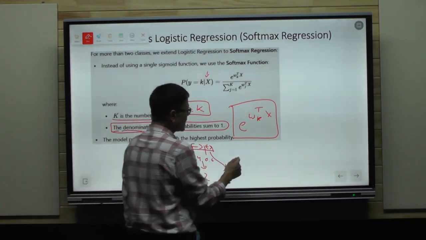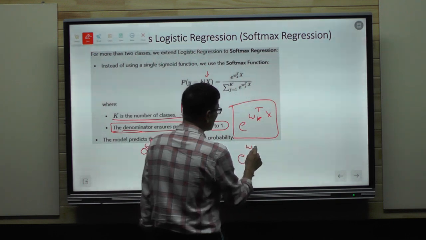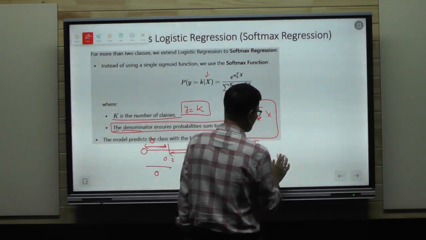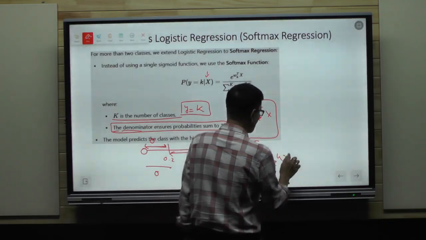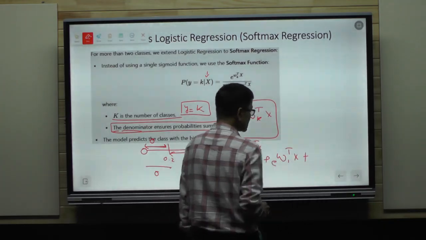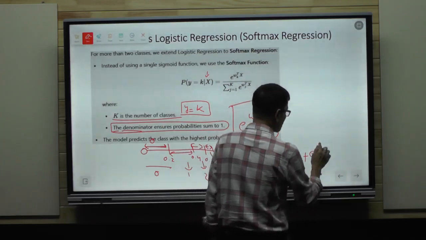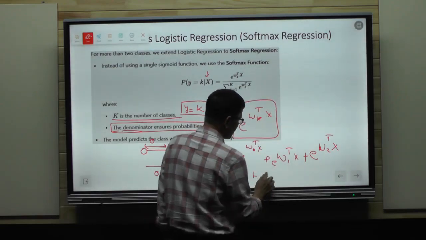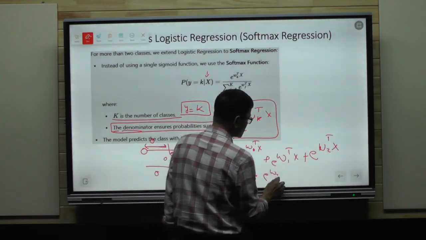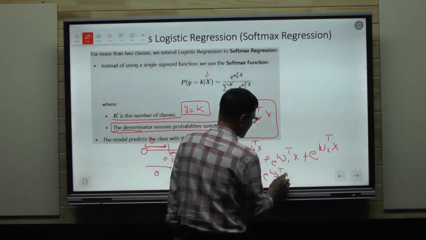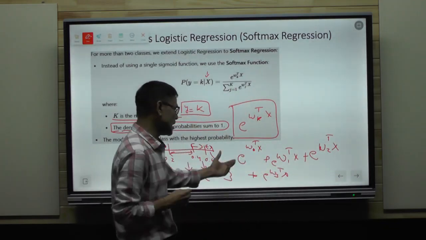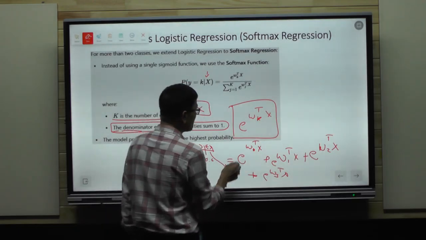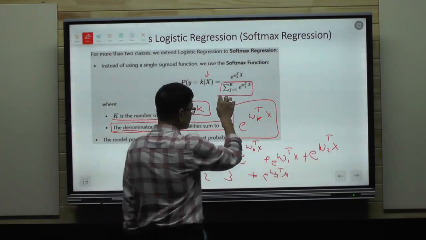So we will have e to the power w0 transpose x plus e to the power w1 transpose x plus e to the power w2 transpose x plus e to the power w3 transpose x. So we have 4 classes. We have calculated the value and we will sum them up. When we sum up, we achieve this expression.